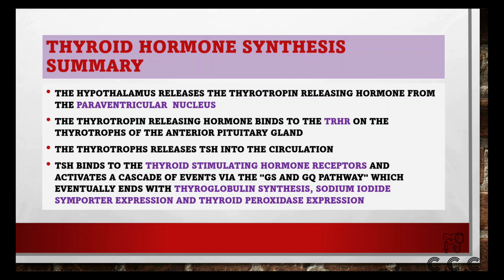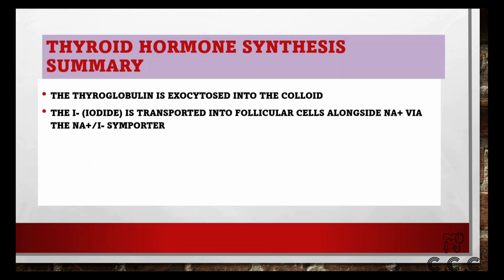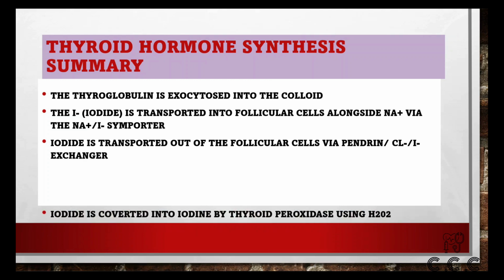Of course, when we looked at each of these pathways, they can branch very much into other things. Going on, the thyroglobulin is exocytosed into the colloid. Then the iodide is transported into the follicular cell along with sodium via the sodium iodide symporter. Next, iodide is transported out of the follicular cells via pendrin, the chloride iodide exchanger.